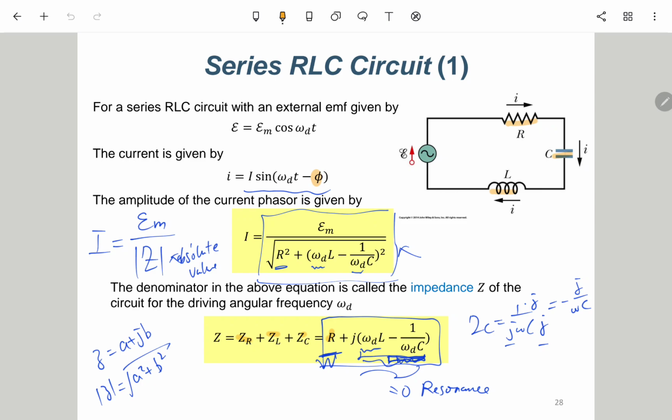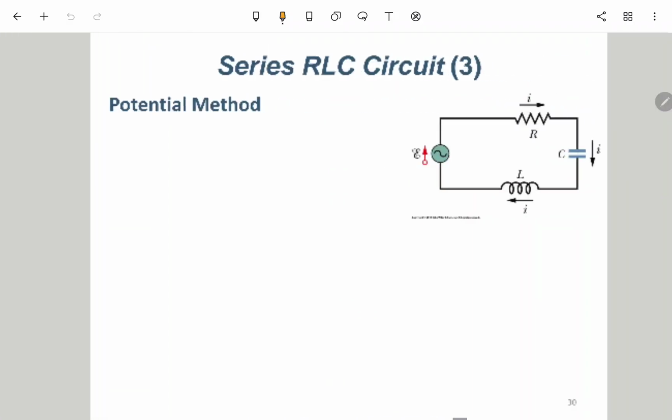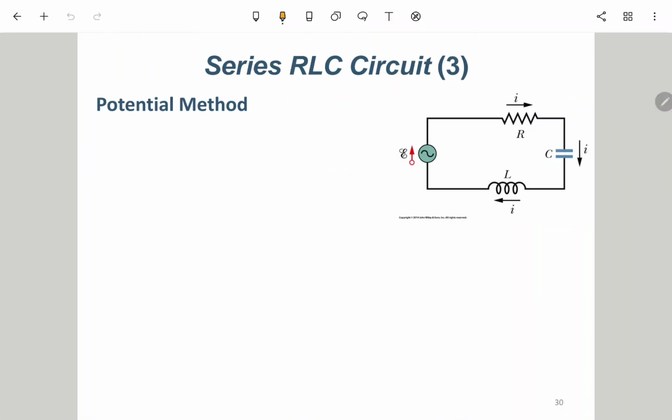Okay, so in the textbook it just tells you the idea using the phasor, and then you get this result. If you don't believe it, you can also try to use the potential method to write the ODE. So actually this E is nothing but EM cosine of omega d t, and I assume this is VR, this is VC, and this is VL.